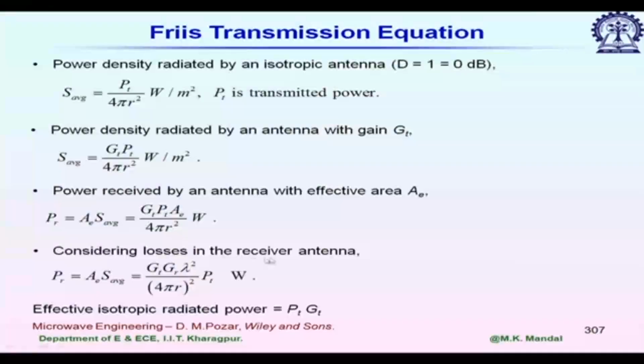So we can simply consider that as if the transmitting antenna is transmitting an effective power of Pt into Gt in every direction like the isotropic antenna. That is how the concept of effective isotropic radiated power, Pt into Gt, comes.